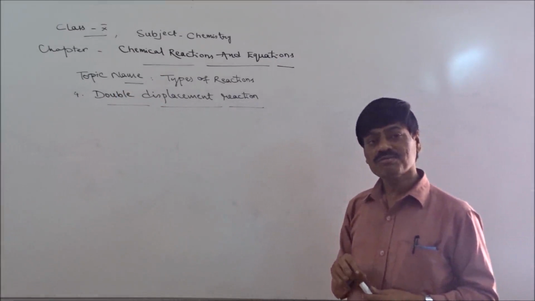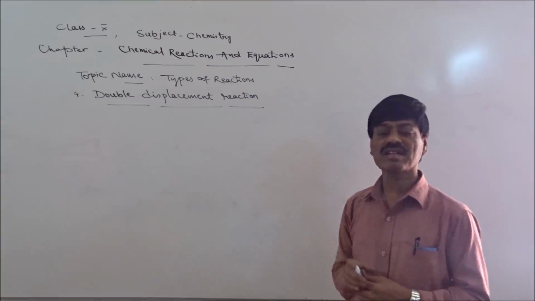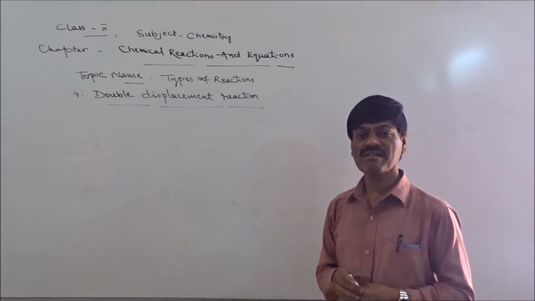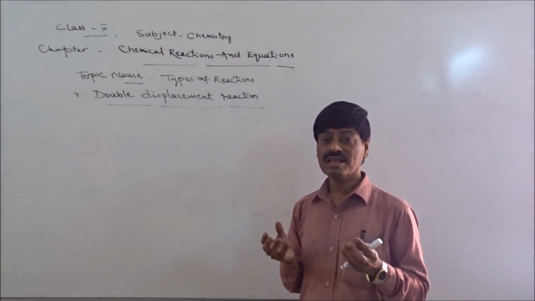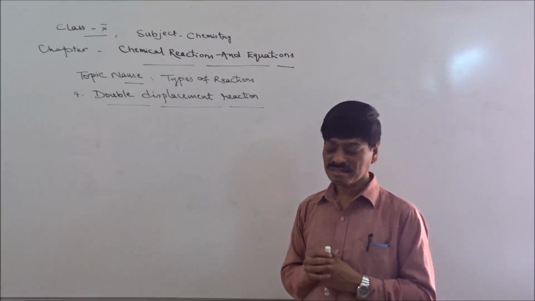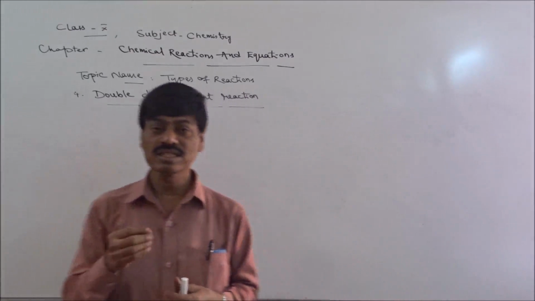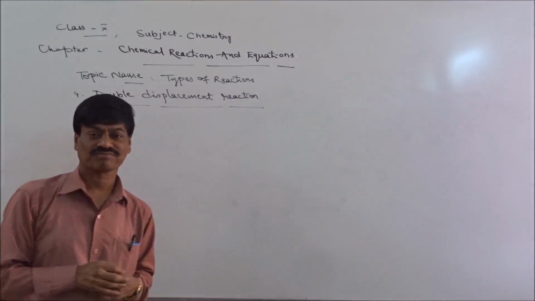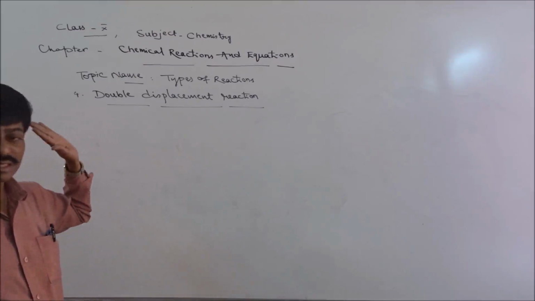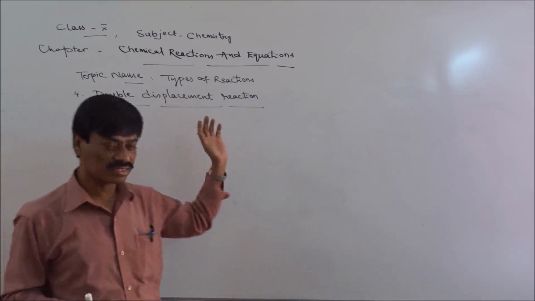Like that, both the reactants in the compound form will change to form ions, and thereafter they will exchange those ions mutually. As a result, we will get new products. Right? So these are the important points of this reaction.